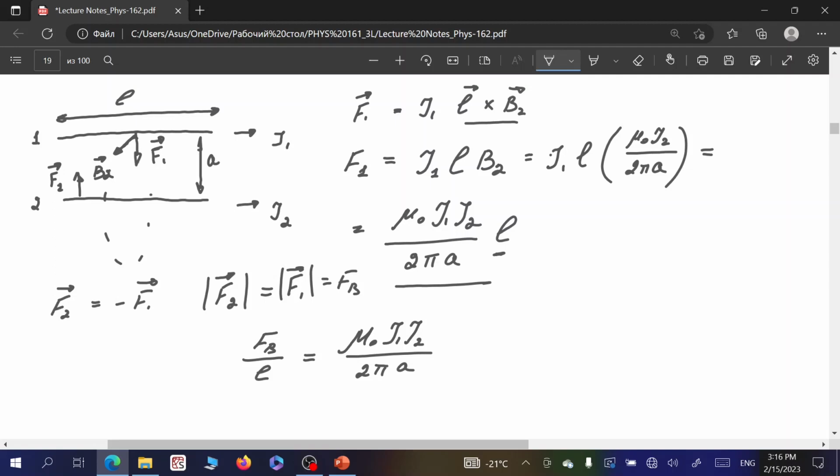By the way, now it's different, but it used to be an important experiment to determine the scale of 1 ampere. The magnitude of current of 1 ampere was determined as a certain magnetic force exerted between two parallel conductors per unit length at a given distance, like 1 meter between them.